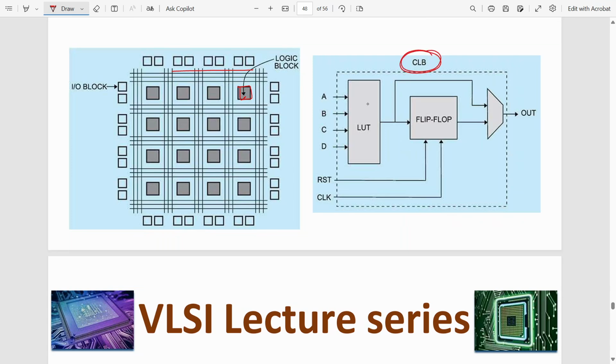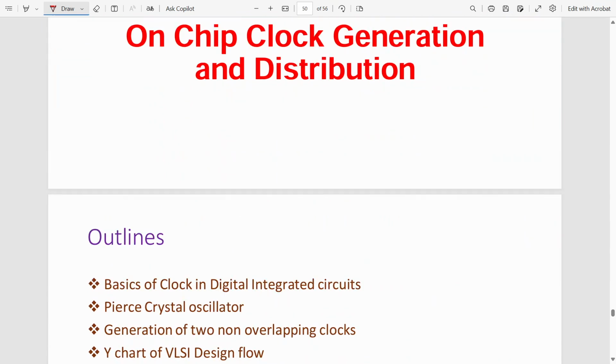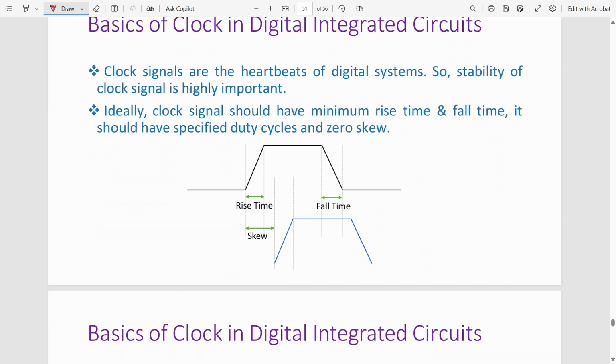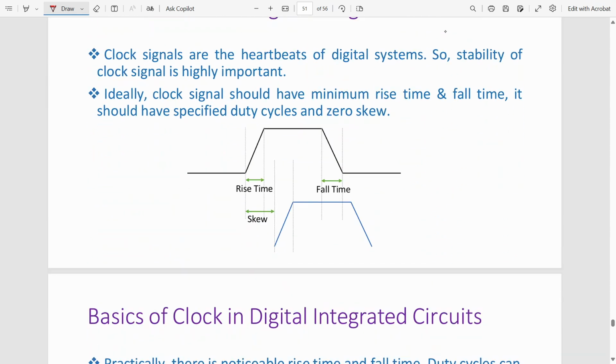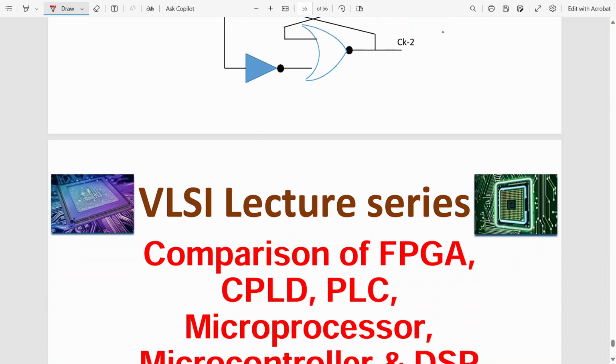This is the combinational block, this is the sequential block, and this is the mux. So this is about a clock distribution. There are setup time and hold time as well.